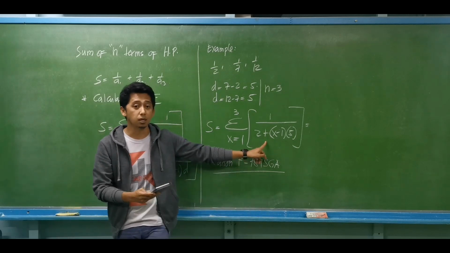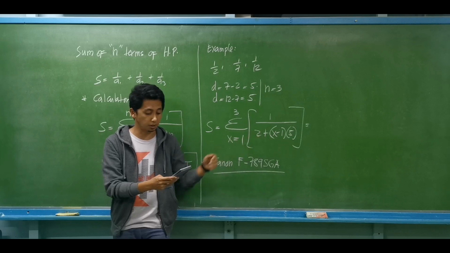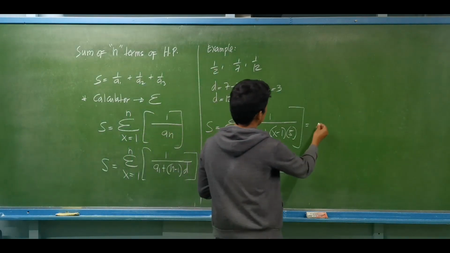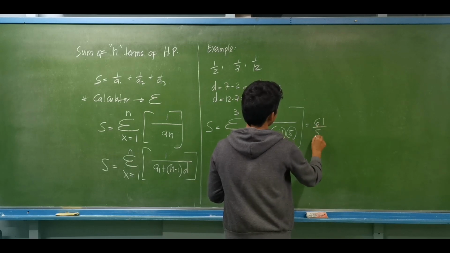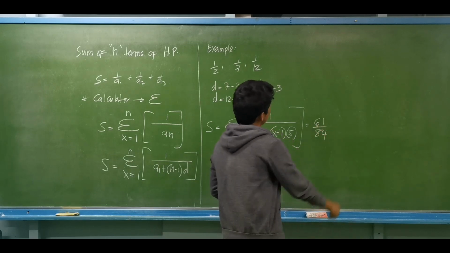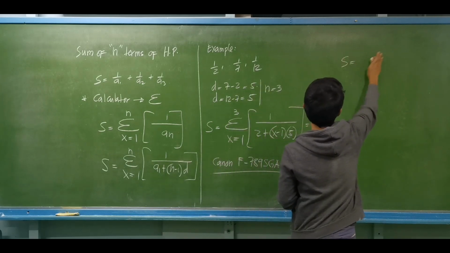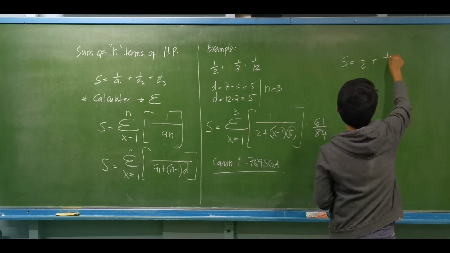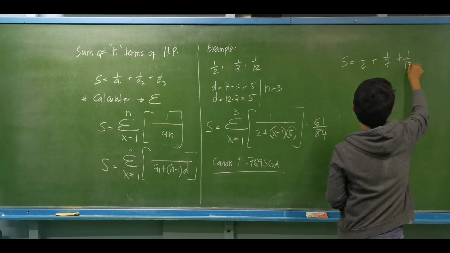Exactly this is the terms in our calculator, then press equal. We'll have a value of 61 over 84. If you are to do it manually, just for checking, this is the same as 1/2 plus 1 over 7 plus 1 over 12.